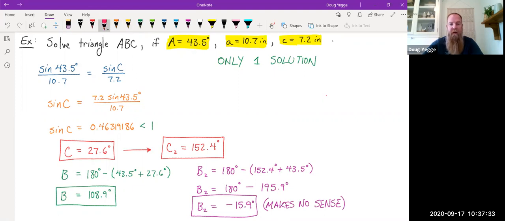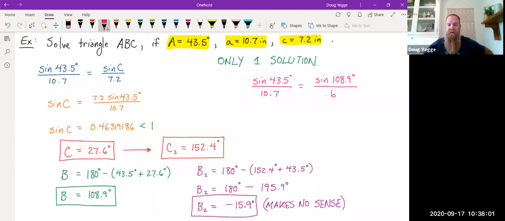So let's use our law of sines again, using the information we originally had. That's sine of 43.5 degrees over its opposite side of 10.7 is equal to sine of angle B, which is the other angle that we just found, divided by side B, which is the last side that we need.